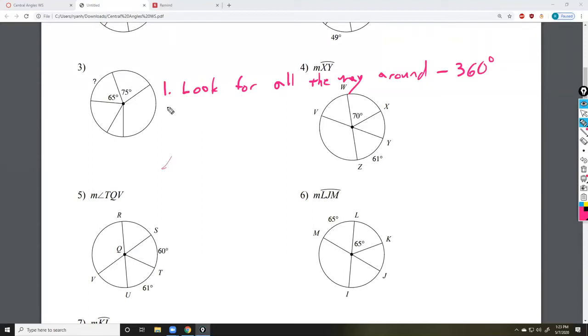Thing number 2 you can look for, which is what we're going to use in this problem, look for a diameter, because the diameter is halfway around the circle.